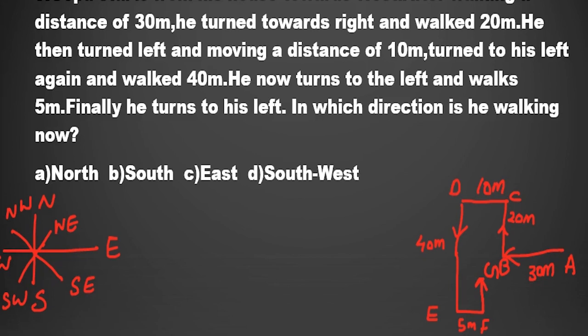From A, he walks towards west up to B, 30 meters, and from B he walks towards right up to C, 20 meters, and from C he turns left and walks 10 meters, and from D he turns left again and walks 40 meters, and from E he turns left again and walks 5 meters, and from F he turns to his left up to G. So we have to find out the direction he is walking now.